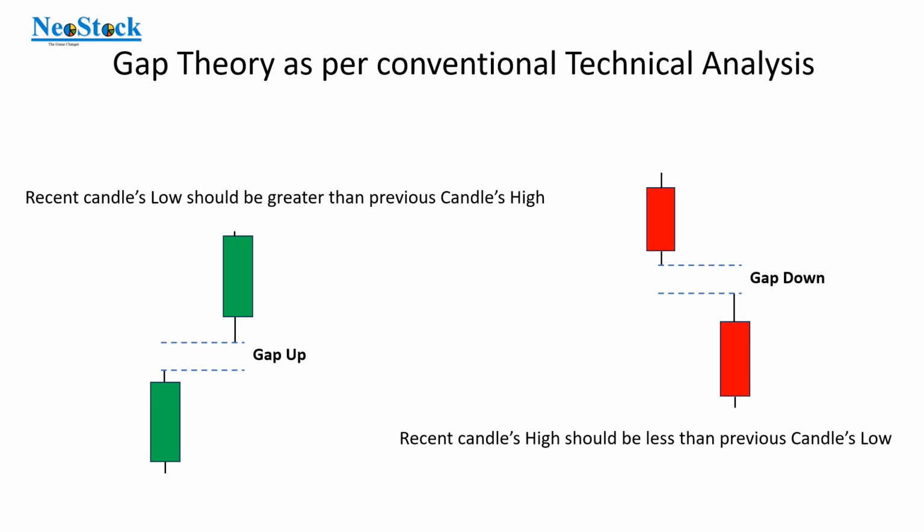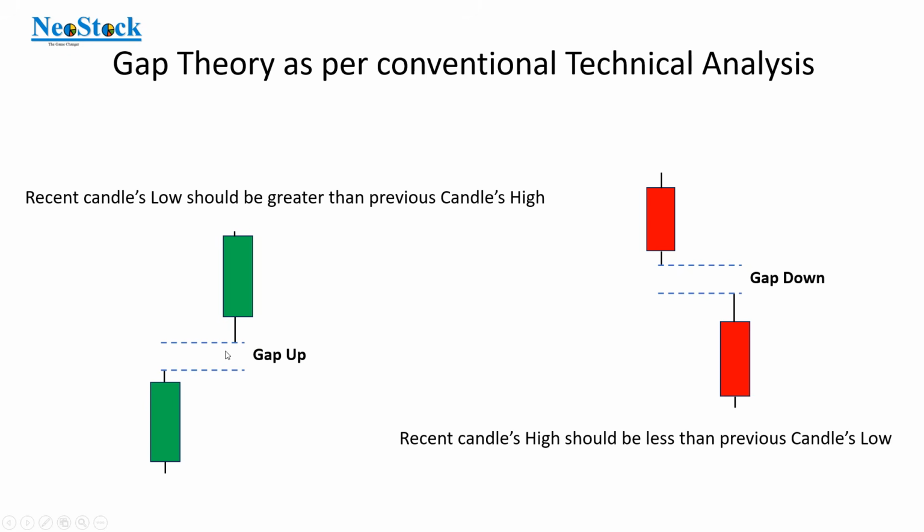You may ask a question: what is the advantage of finding these gaps? What does a gap indicate? It is a very important question. Gap up indicates a bullish direction. Gap down indicates a bearish direction.